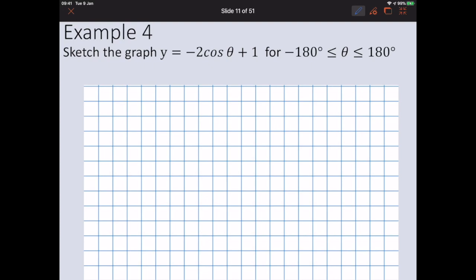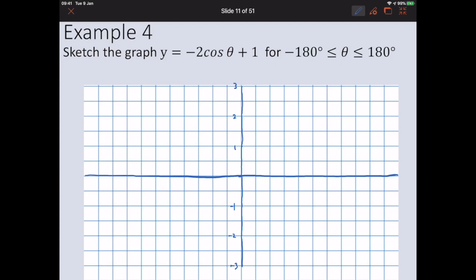So we need to make sure our axis will reach up to 3 in the y direction. 1, 2, 3. Minus 1, minus 2, to go all the way down to minus 3. So there's a set of axes. We might need minus 3, you never know.